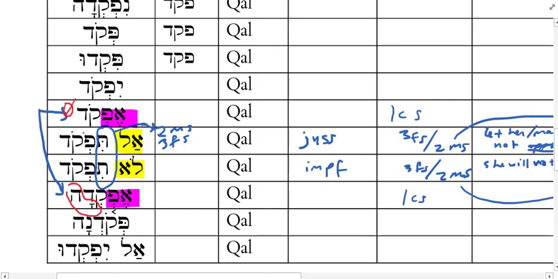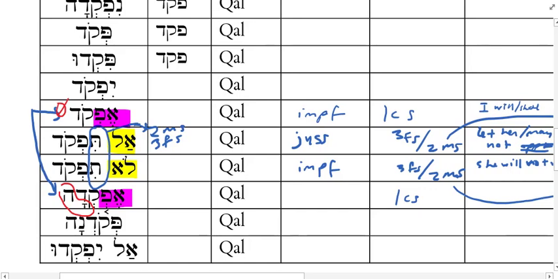It has no ending. So, is the first one cohortative or just the plain old imperfect first common singular? Which is it? Yeah, the first one's imperfect. And if it's imperfect, then I just want to give it a future translation. I will or shall appoint or visit. Okay?